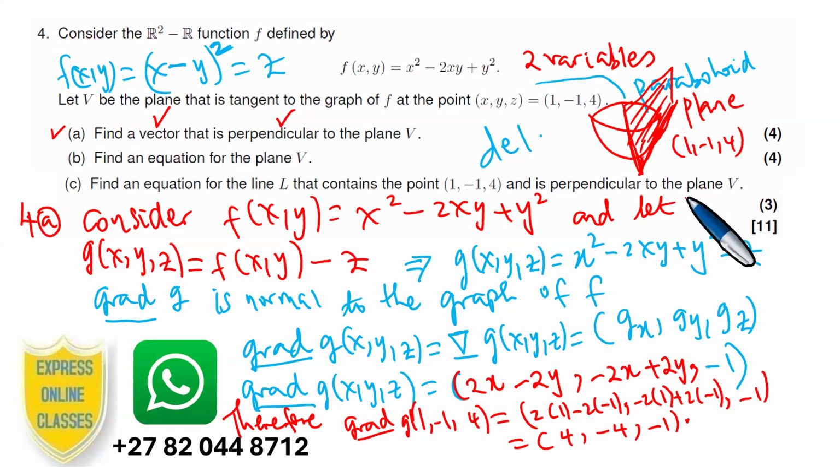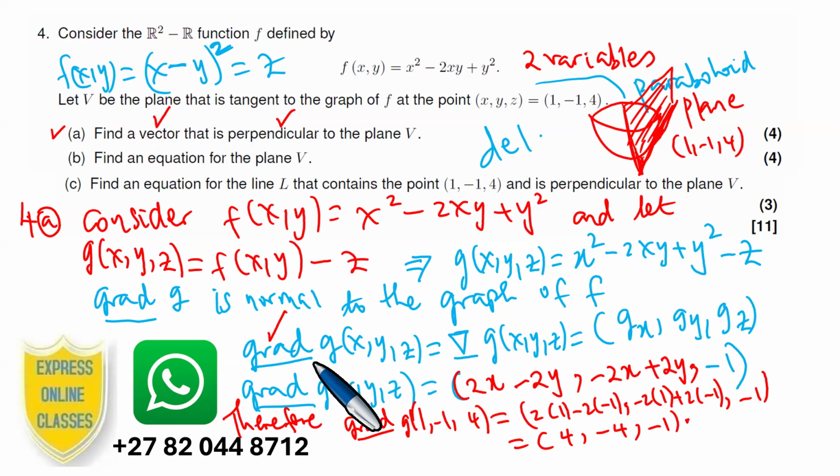Then we're asking the question: find a vector that is what? Perpendicular to this plane. This plane is tangent to the paraboloid. To find a vector that is perpendicular to the plane, you need to find the gradient. This gradient function, which is the derivative of the function, is able to produce a vector that is perpendicular to the plane.